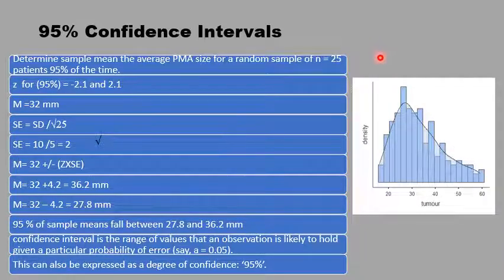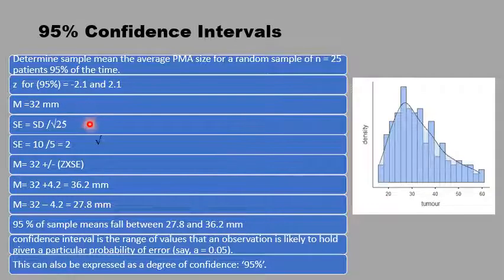A 95% degree of certainty would translate into 95% area under the curve, that is two standard deviations above and 2 standard deviations below the mean, that is to say 2.1 z-scores above and below the mean. The mean of the old series was 32.